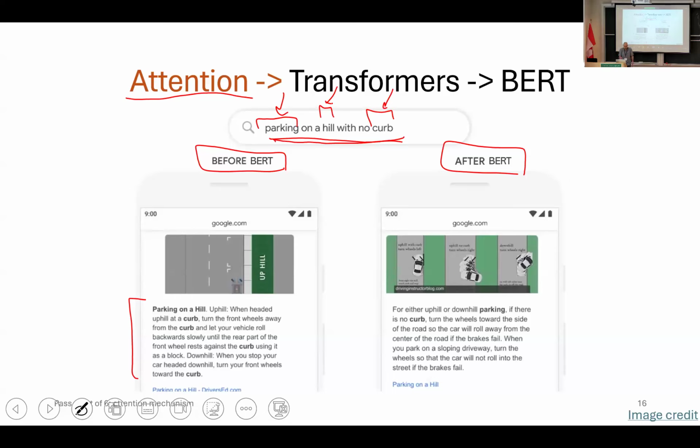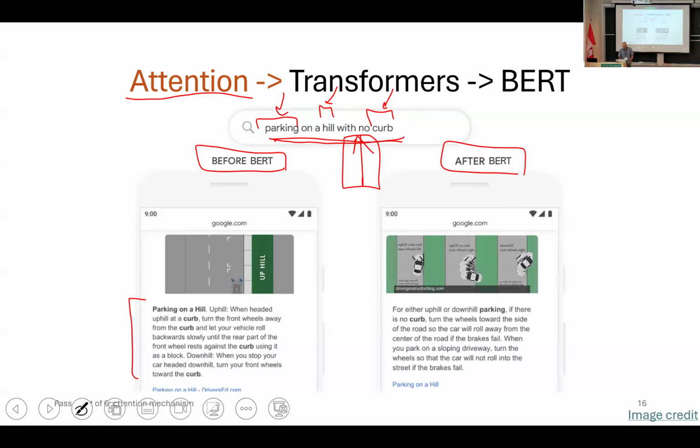The poor thing just didn't know that "no" is so fundamental to processing this query correctly. And for those of you who have used Google search to learn how to park your car, if it was before 2016, that could have resulted in a major accident, right?